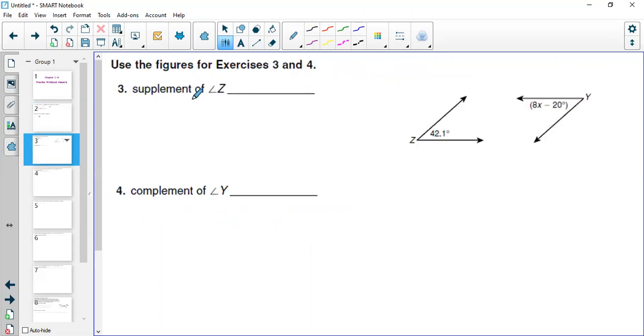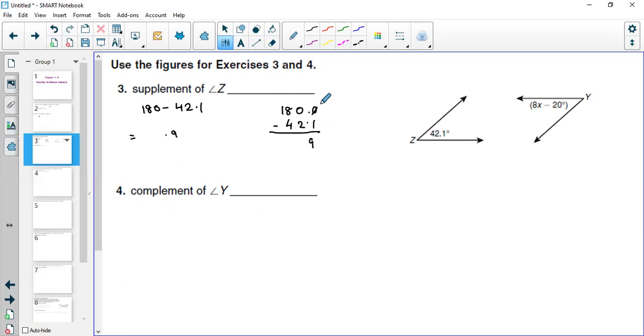So moving to question number 3, use the figures for exercises 3 and 4, supplement of angle Z. Now supplement means 180, complement means 90 degrees. So this is going to be 180 minus 42.1, right? You don't need to always do it on paper because you're perfect in mental math.